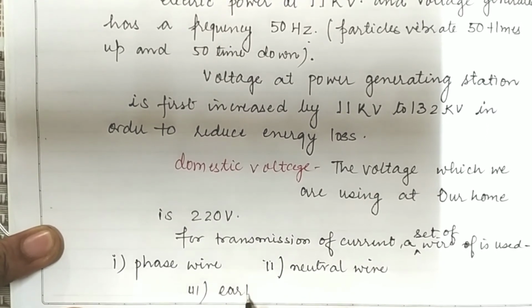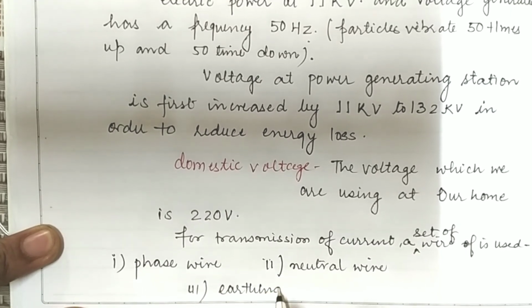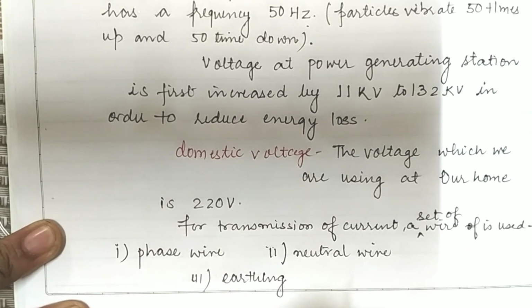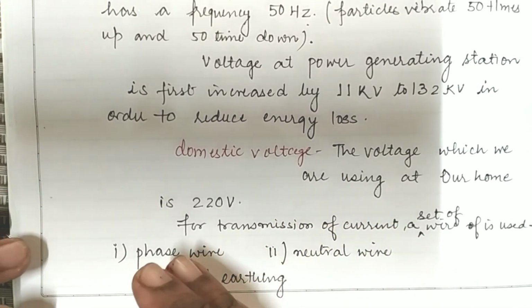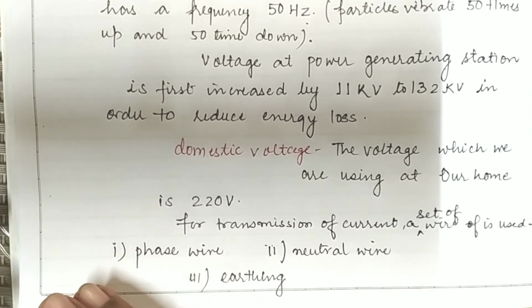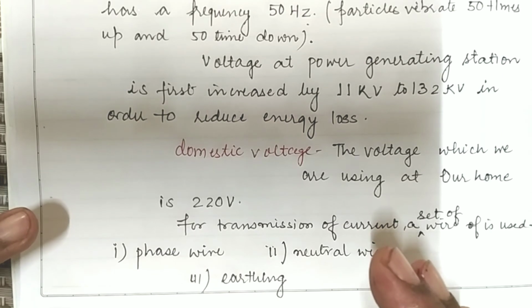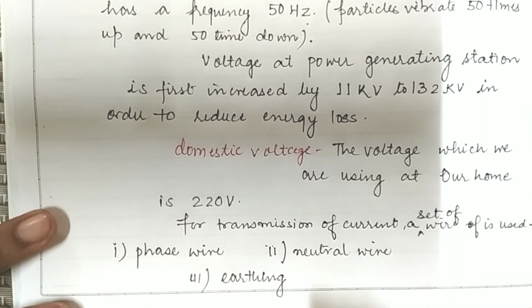It means that whenever some excess current flows through the circuit, it can be grounded. With the help of this arrangement we transmit the power generated from the power station to the domestic houses.